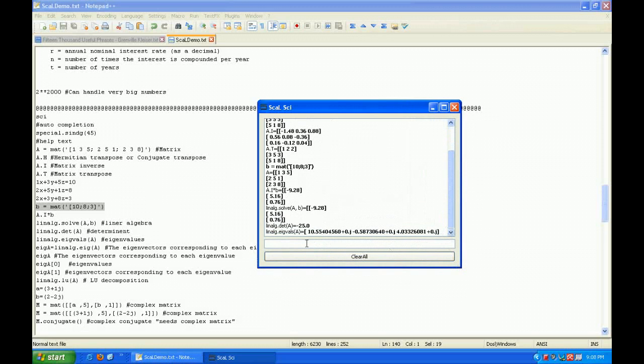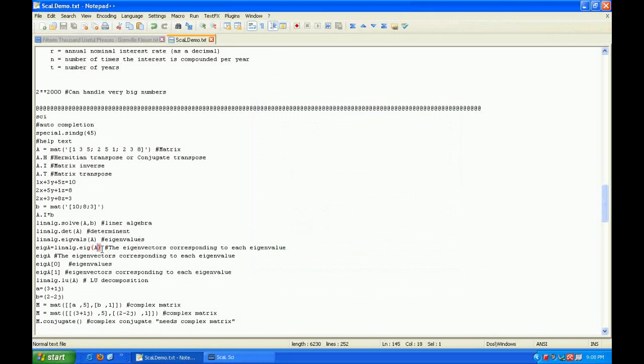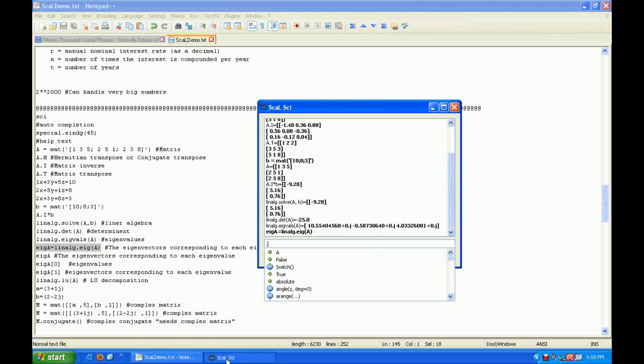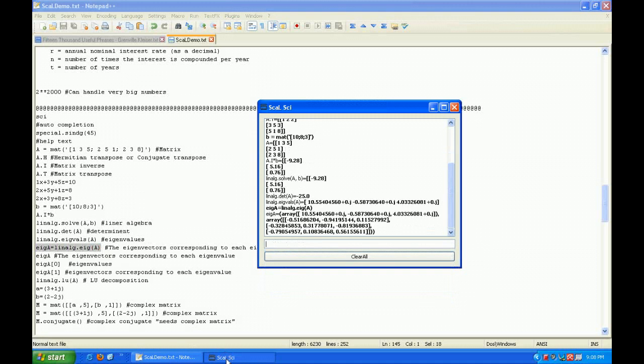Then we can also calculate eigenvalue, eigenvector pairs. So these are the eigenvalue, eigenvector pairs. What more we can do is access by index.